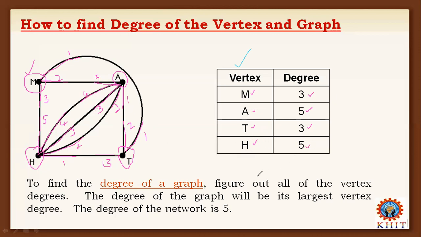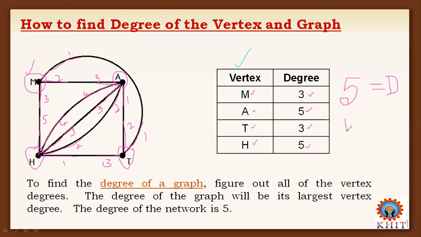In this way, I have found the maximum degree of the vertices. The maximum degree of the given graph is 5. The degree of the graph can be represented with capital D, so D equals 5.